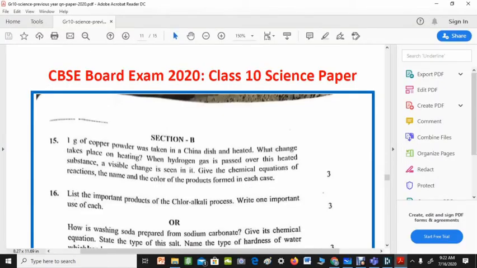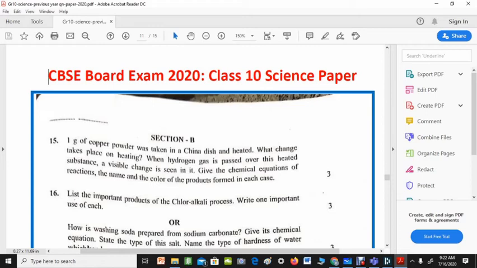Now, when you look at the 15th question, the question is: 1 gram of copper powder was taken in a china dish and heated. So the reactant here is copper and it is heated in a china dish. What change takes place on heating? Then when hydrogen gas is passed over this heated substance, a visible change is seen in it.